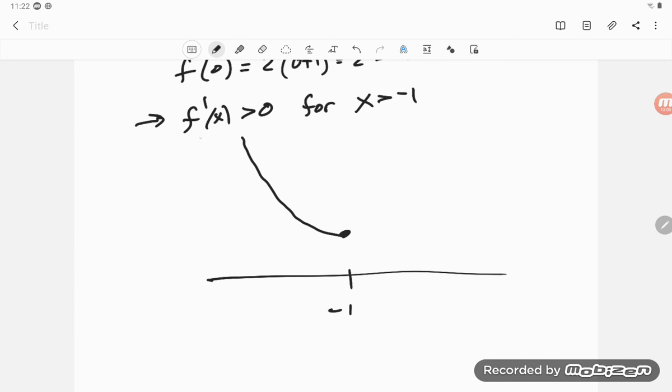And then for x greater than -1 here, it's positive, and so it's increasing. And so my function (x plus 1) squared must look something like that. Okay, and I know it's a parabola, and I know it opens up just from my pre-calculus days. But there we go, and so I have a relative minimum.